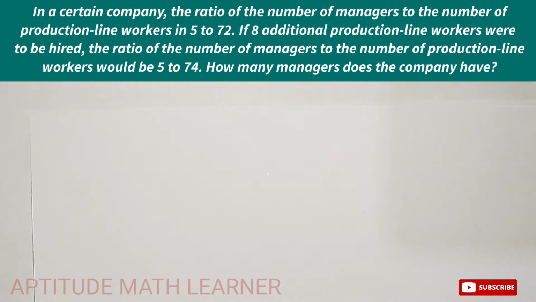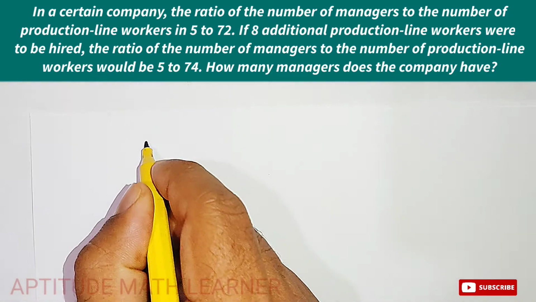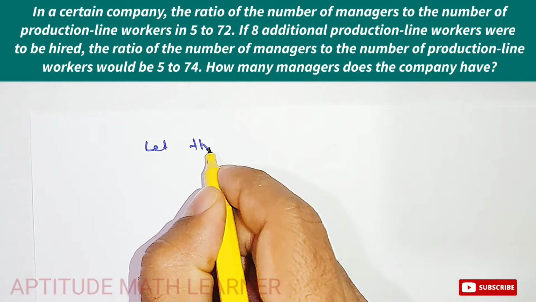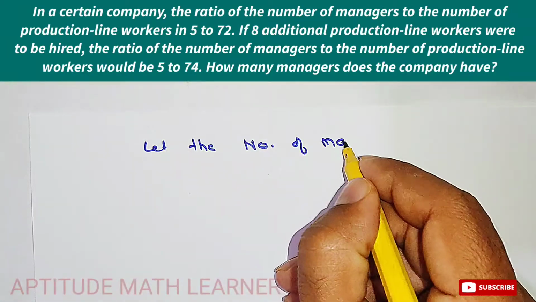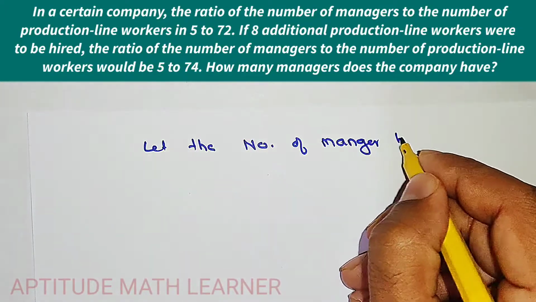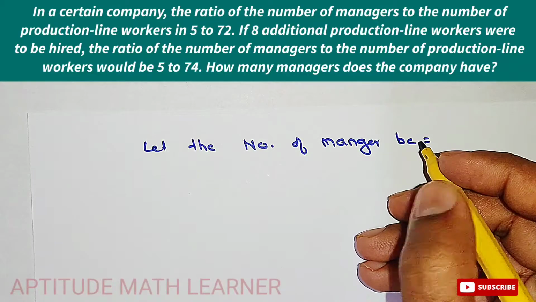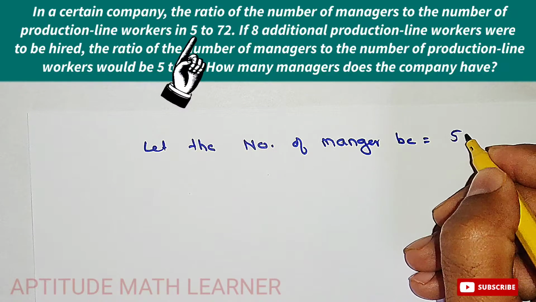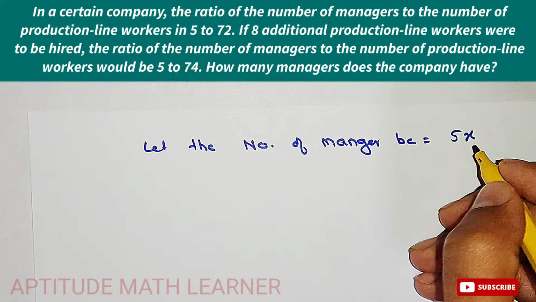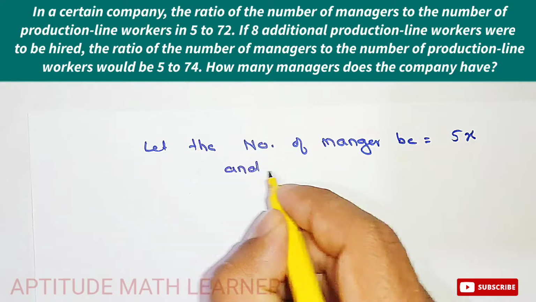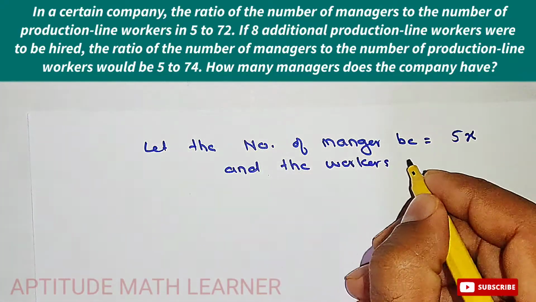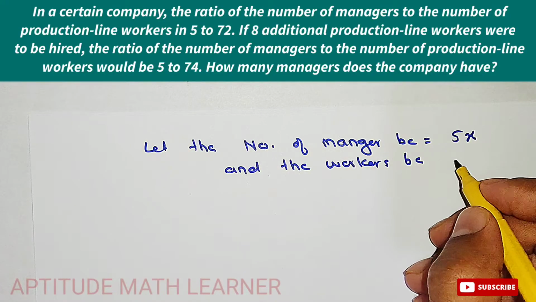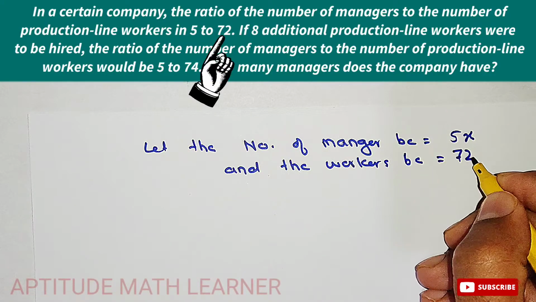So here we take, let the number of managers be, in the ratio, 5x. So we have just taken x, and the workers be, in the ratio, 72x.